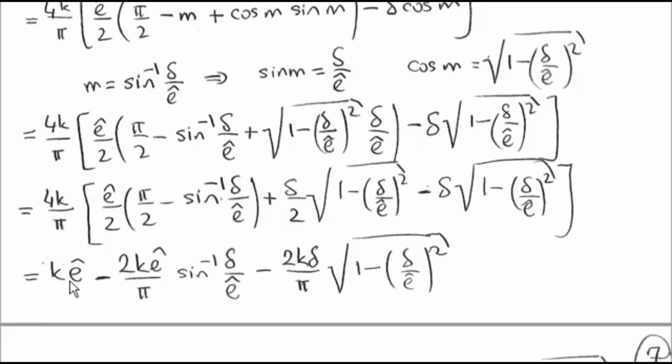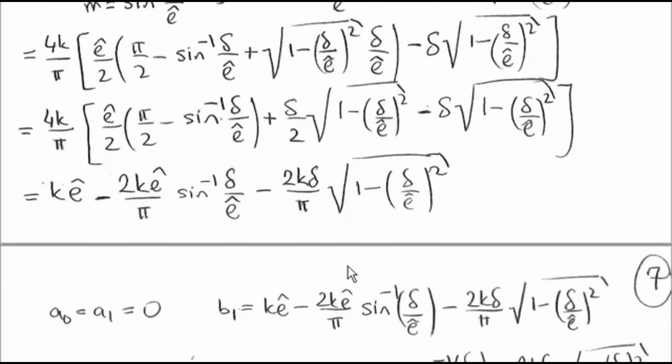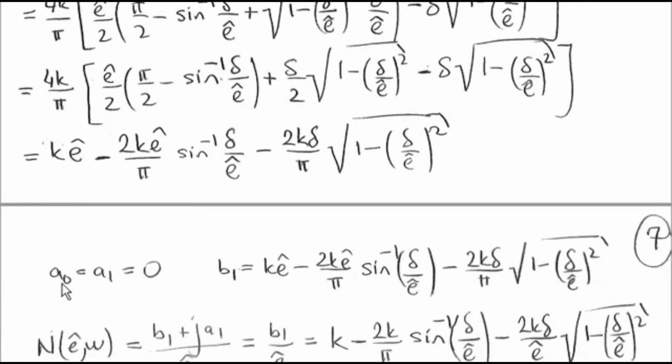So I have here k times e hat minus coefficient times sine inverse delta over e hat, and I have some other terms. So now let us summarize our results. A0 and A1 were both equal to 0, and we have found B1 to be this complicated coefficient.